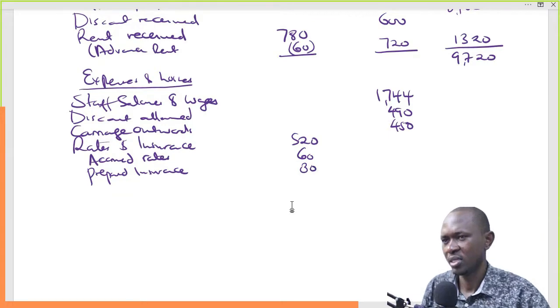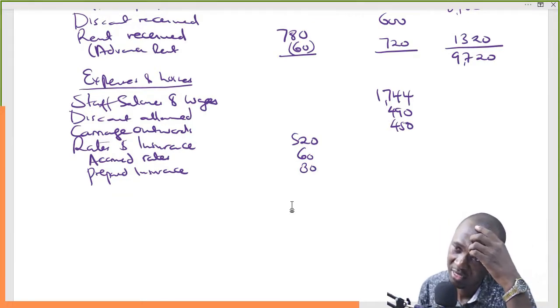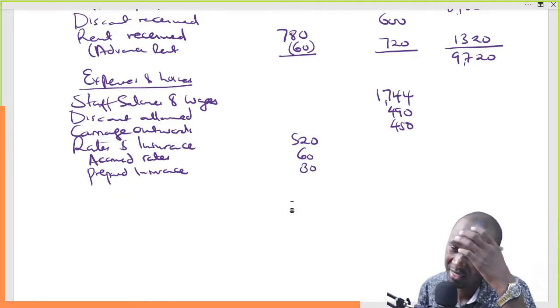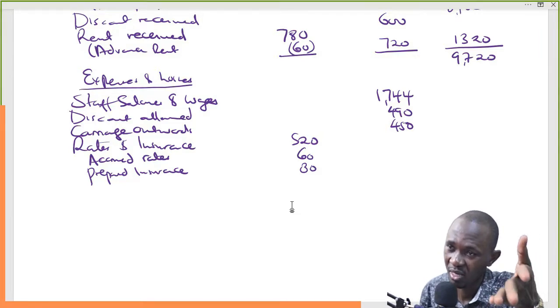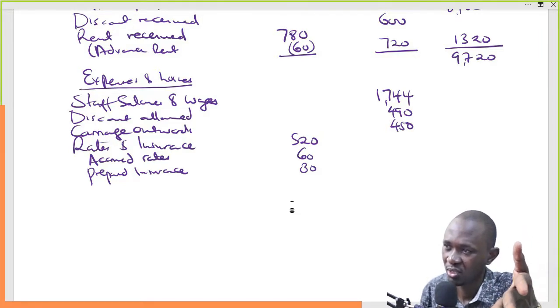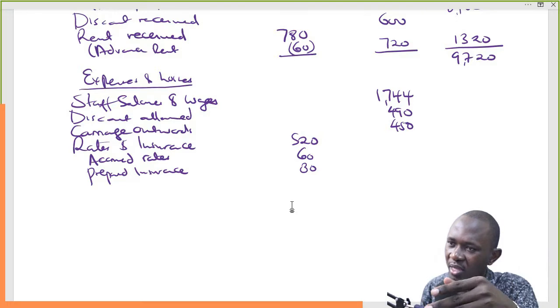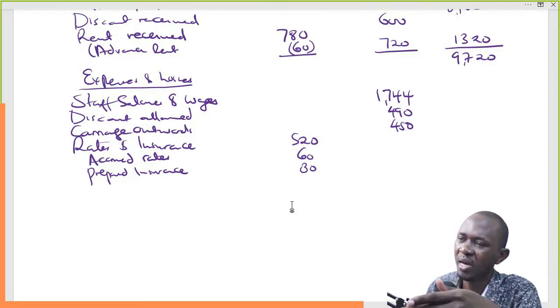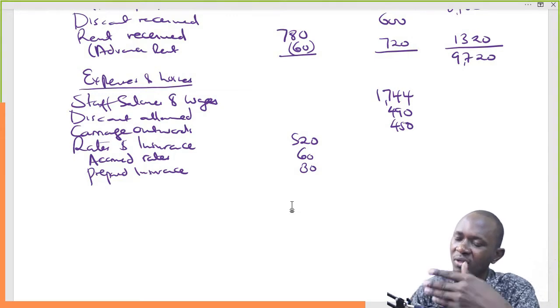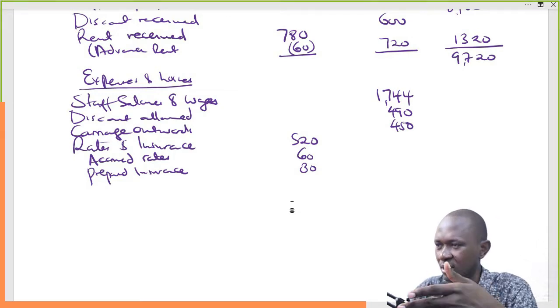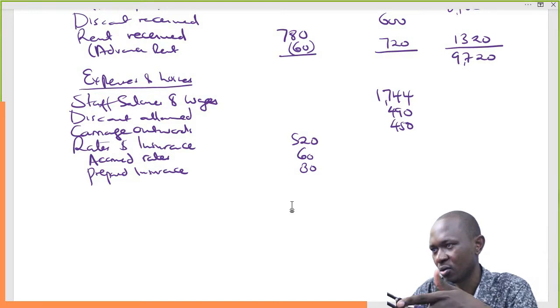How are you supposed to treat them? Now, accrued rates, this means that these rates belong to this financial year, but we had not paid. So it simply means we add them back. Then prepaid insurance, it means part of the insurance payments that we made were for the following year. We are not interested in the following year's books or costs.